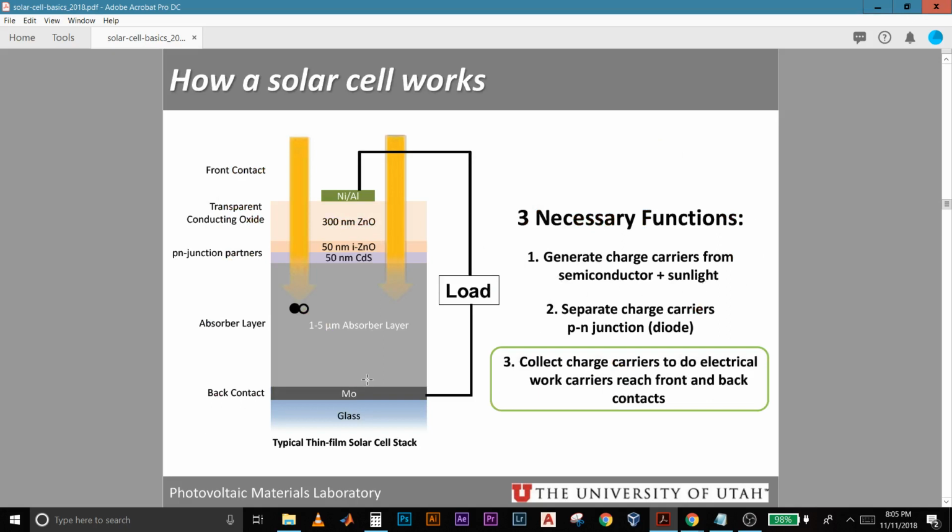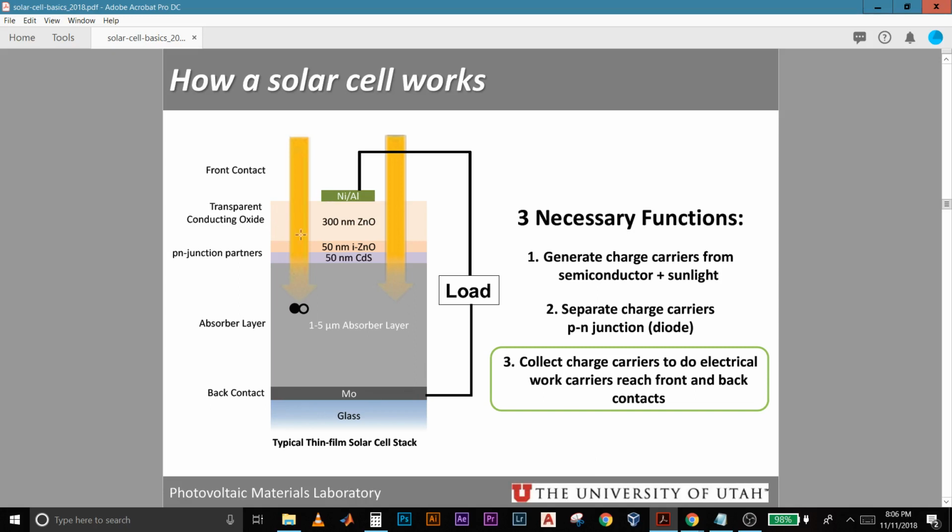So this is basically a cross section of a solar cell. The most important part is the absorber layer, which is responsible for absorbing the incoming photons and generating the potential difference, which is responsible for generating electric current when a load is connected across the solar cell. We have back contacts and top contacts or front contacts.